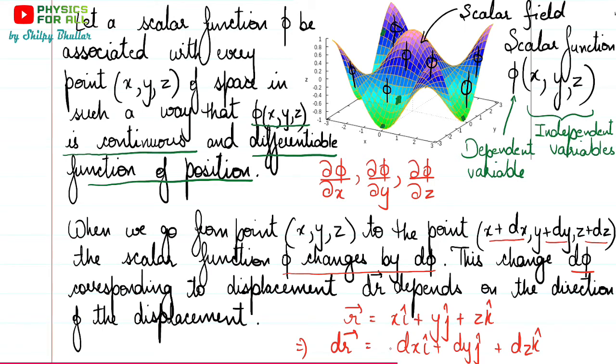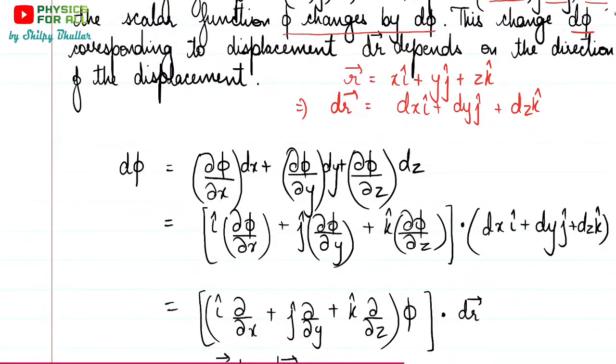Now let's see how we can relate it with the actual formula that we are going to derive, because we are concerned with the gradient of a scalar field. Now the total change, whatever is happening in phi, we would write as ∂φ/∂x dx plus ∂φ/∂y dy plus ∂φ/∂z dz.